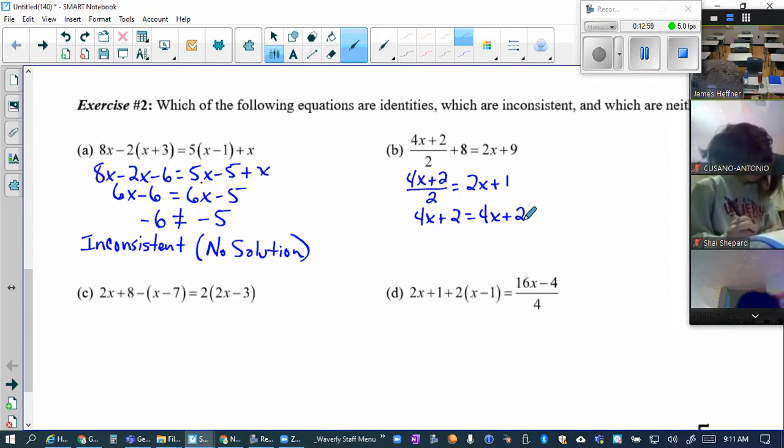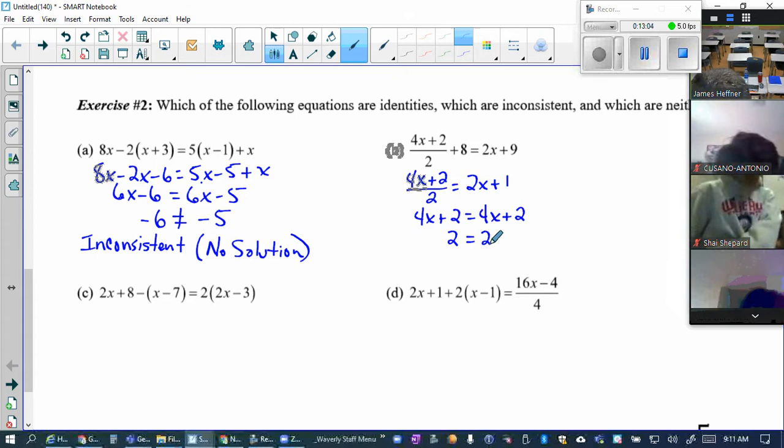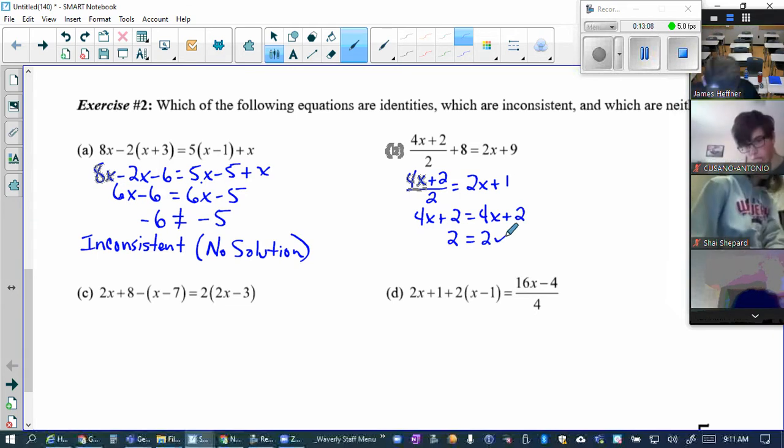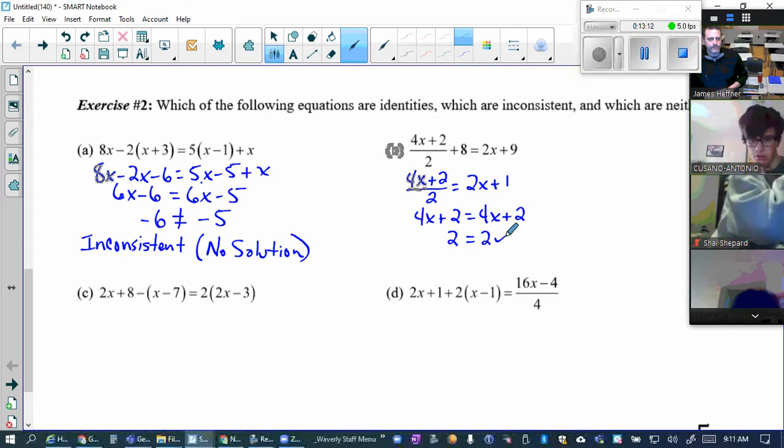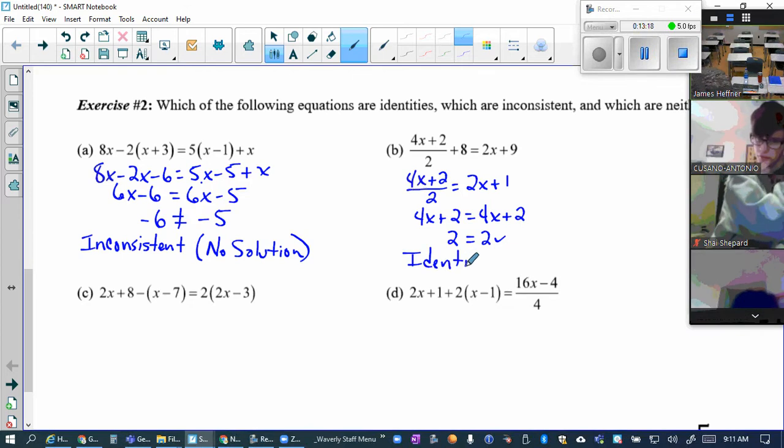So did you guys all get 2 equals 2? Is that always true? Yes. So what do we call this original equation? Identity.